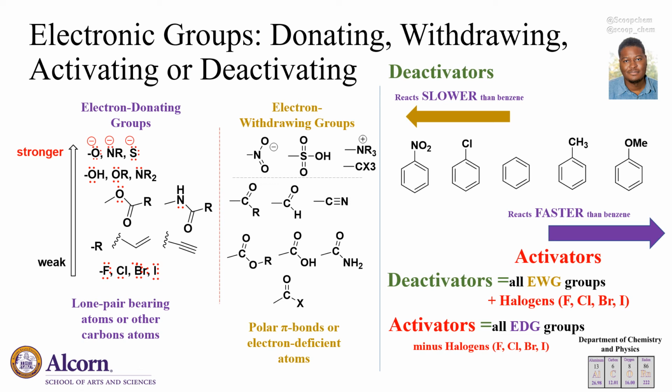So all of the other electron donating groups are going to activate the benzene ring to react faster than benzene. It's very important to keep this level of understanding of substituents in mind: electron donating and electron withdrawing versus activating and deactivating.